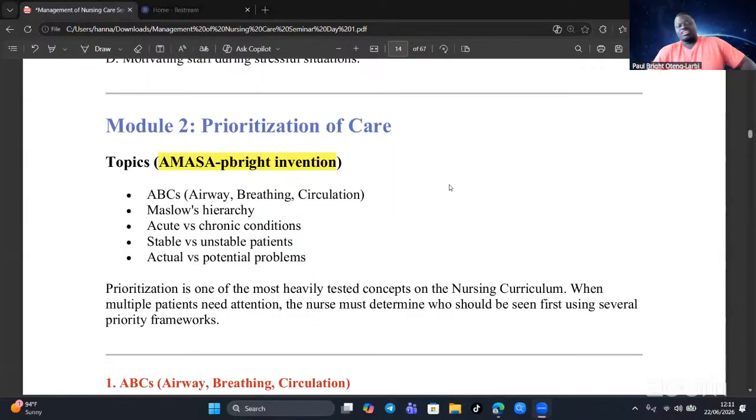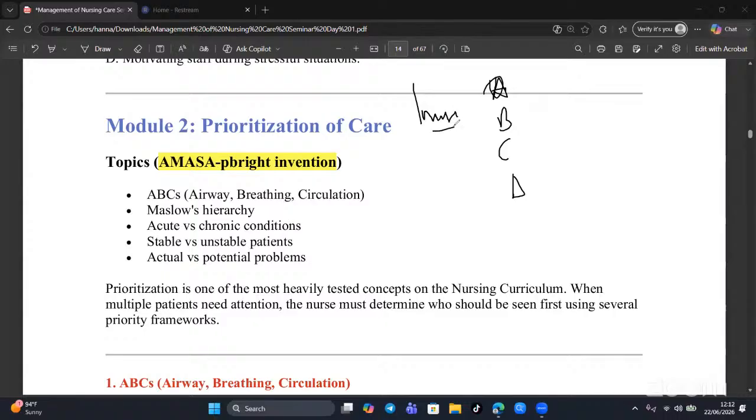Okay. Right. Let's go to model 2. They are doing 5 models. One is gone. So all the NCLEX framework, whatever, is gone. Let's go to prioritization. The nurse as a manager of care should know how to prioritize. We are giving patients A, B, C, D to one nurse. Let's just test, especially those who write NCLEX.